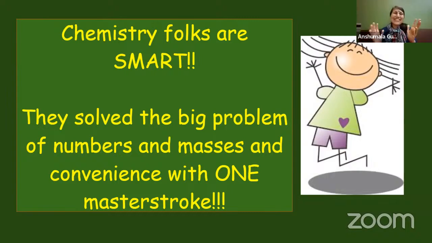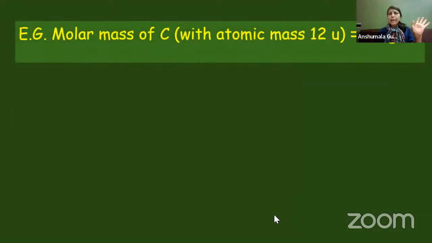See, I'm saying chemistry folks are smart. This was indeed a very smart step. So elegant, so beautiful. Find the correct number, multiply, and everything gets converted into grams. So all atomic weights converted into gram atomic weights. One master stroke. So life becomes simple.